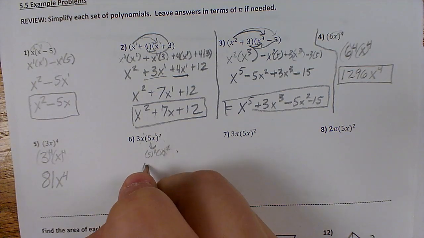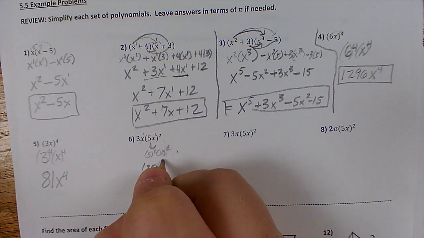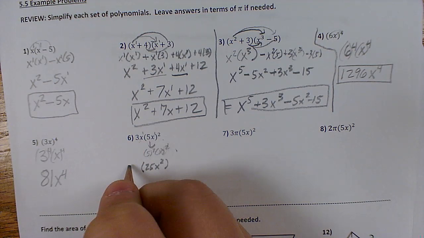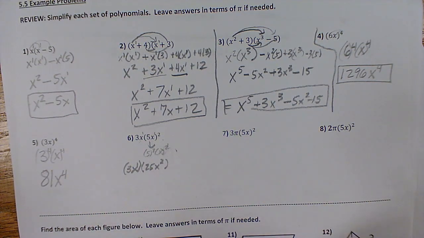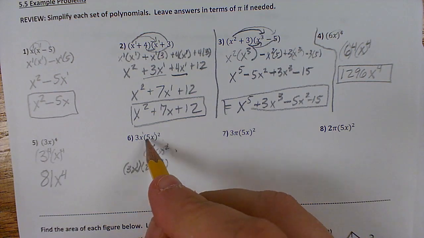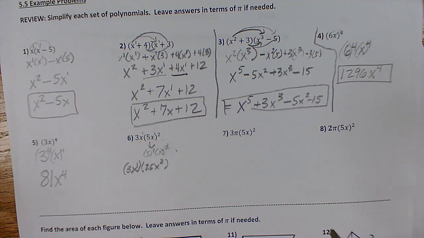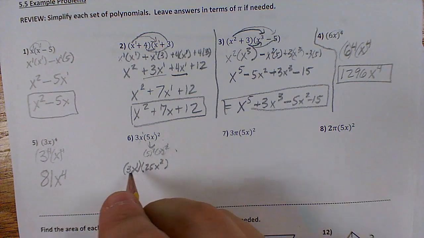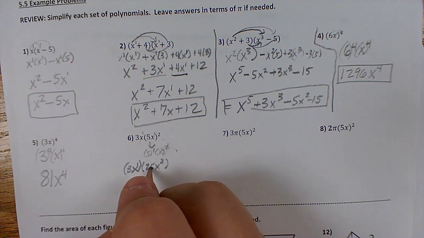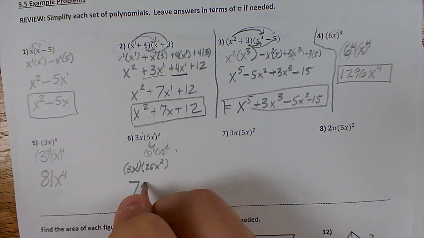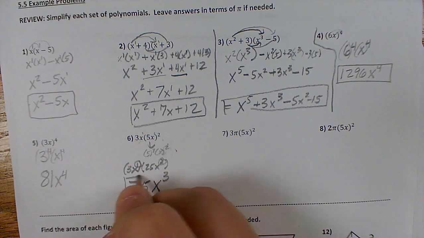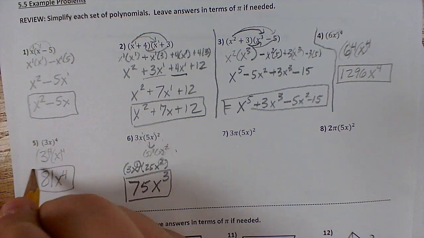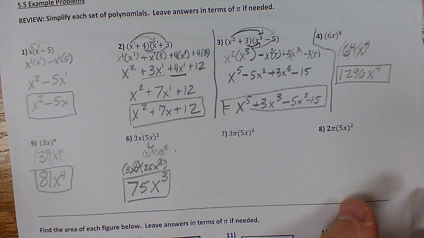So this piece turns into 25x squared, and then we drop the 3x down with that hidden 1. The issue is you're supposed to do exponents first, then multiply. Well, now we'll multiply these together. 3 times 25 is 75, and 1 plus 2 is 3. And that's our final answer to that question.